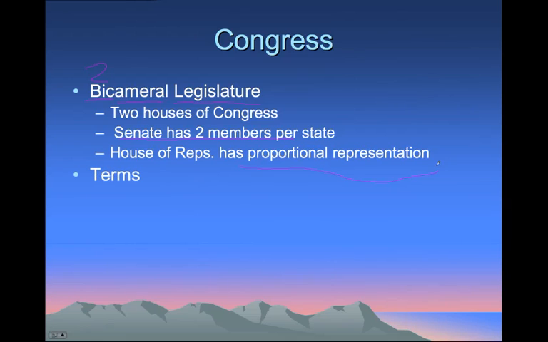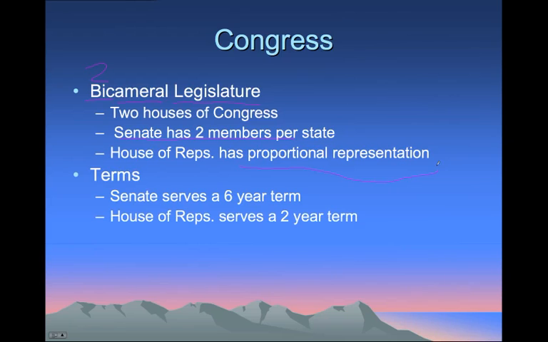Now the terms of office for each of these houses of Congress, the Senate serves a 6-year term, so every 6 years those senators are elected, and the House of Representatives serves a 2-year term. Now originally when created, the House of Representatives was more the House of the People, and they were actually elected by the individuals in the United States, whereas originally when it was created, the Senate was elected by the state legislatures.